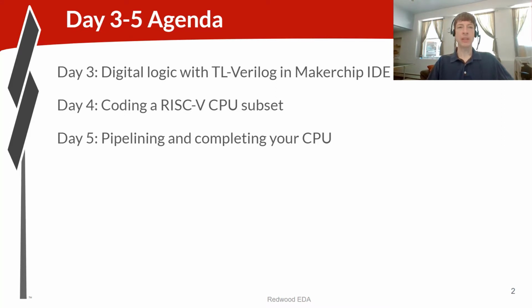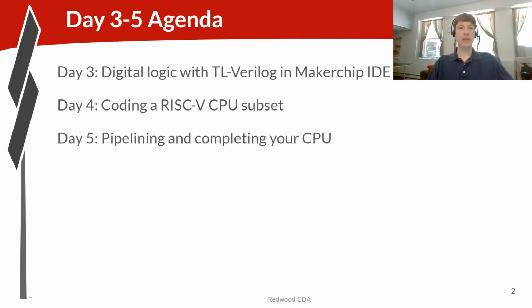After you learn the basic skills on day 3, in day 4, the focus is going to be on RISC-V. So you're going to start by coding up a RISC-V CPU. I'll walk you through it. This CPU at this point will support a subset of the instruction set architecture, the subset necessary to execute a test program. And in fact, that test program will be the program that you wrote with Kunal and ran through the compilation tools and assembler.